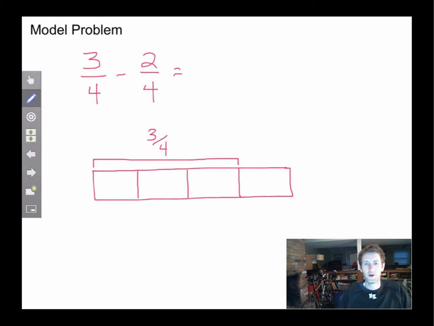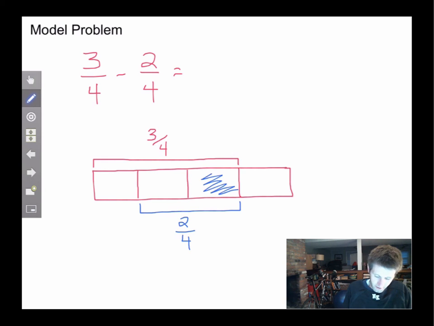The larger portion of that whole I've illustrated as 3/4. But this time we have to subtract 2/4 of that, so I need to take away 2/4.